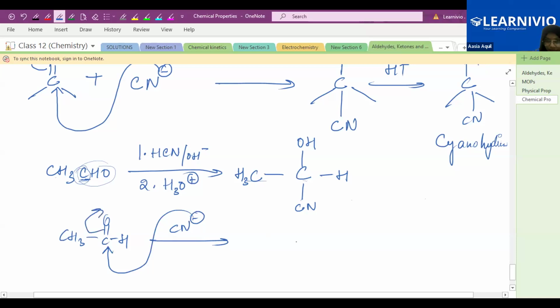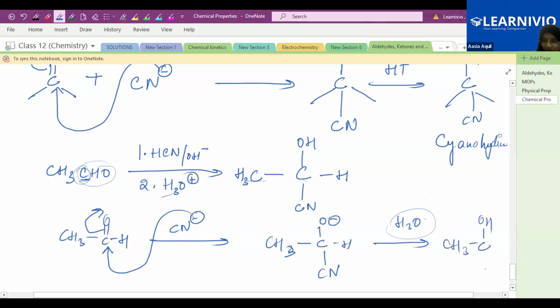So CH3, CH, oxygen negative charge, and here CN. In the next step you give H3O plus, so the hydronium will protonate it. So OH, hydrogen and C. That is the mechanism and that is the direct reaction.